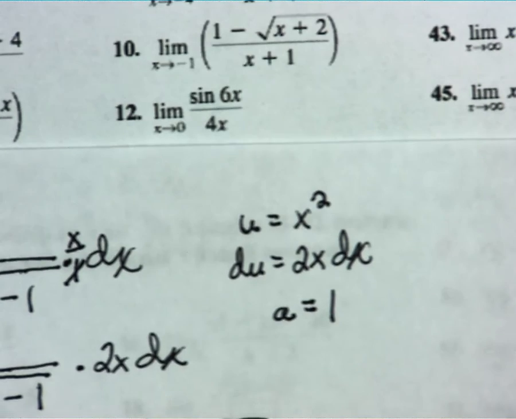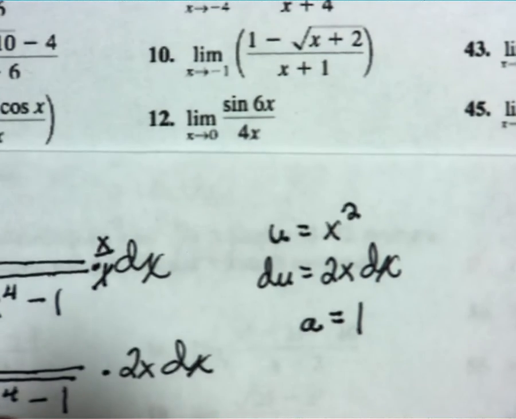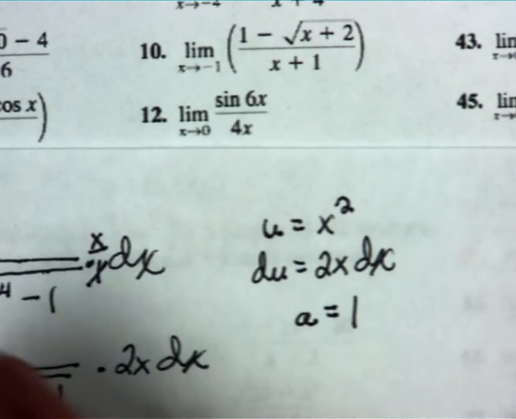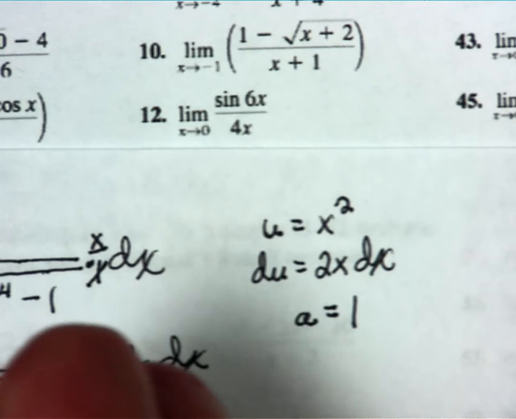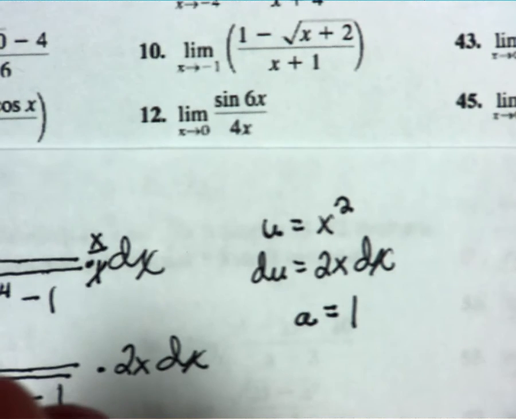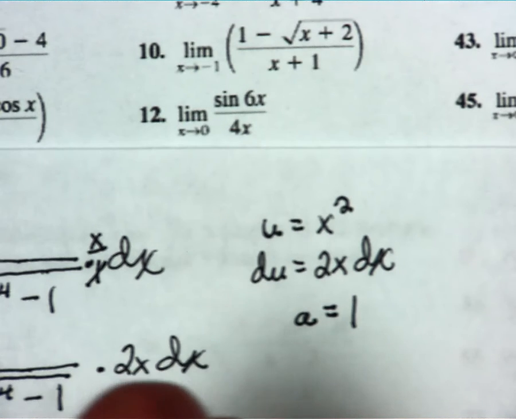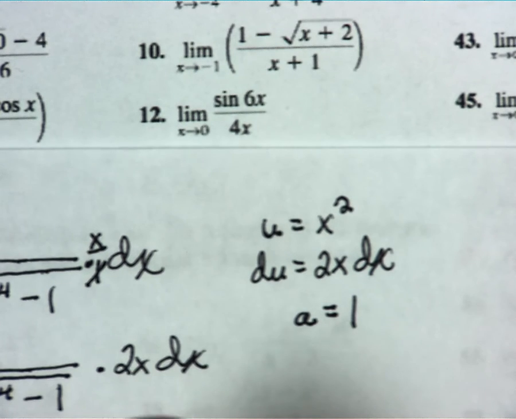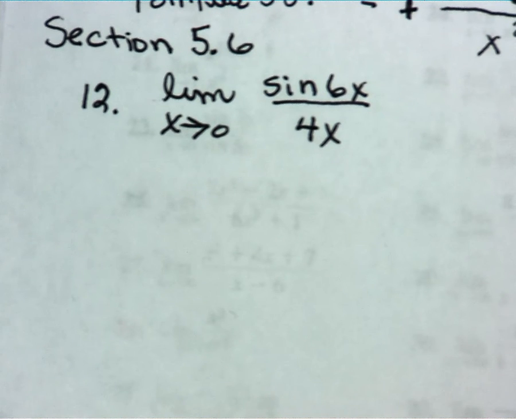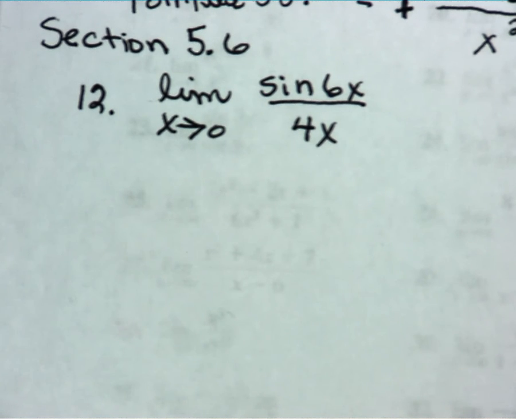We had a way of dealing with that in 2.3. I think that was something that we used when we had inverse trig functions. We could change them into algebraic.